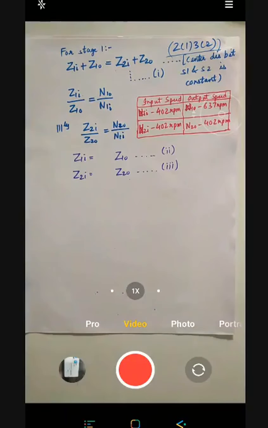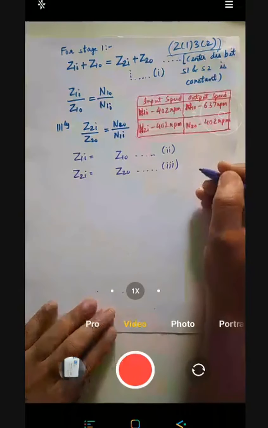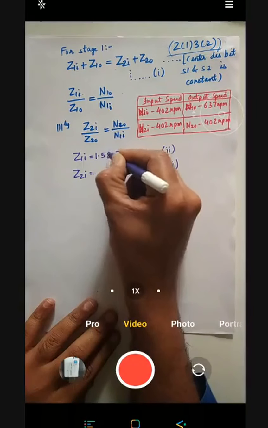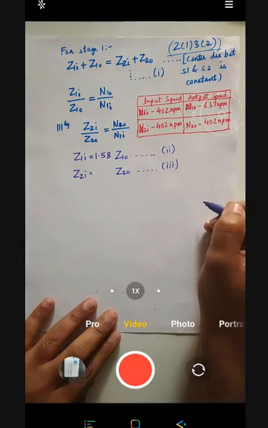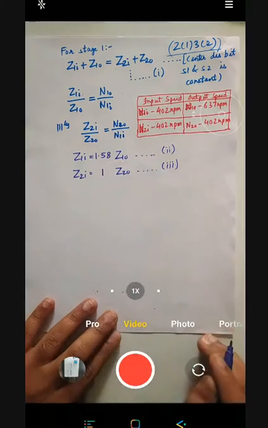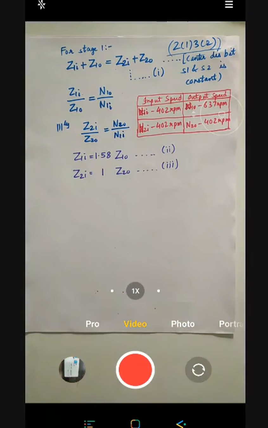Yeah, please tell me. 1.58 times Z1 output. 1.58. Okay. What about Z2? 1 times Z2 output will come, sir. 1 times Z2 output. Okay. Can you move on? Yes, sir.